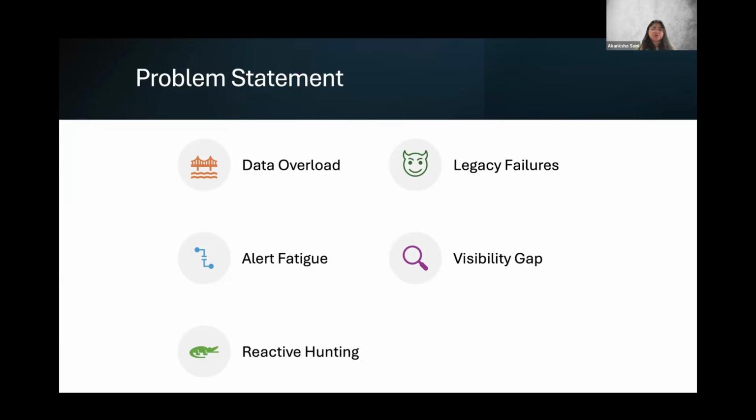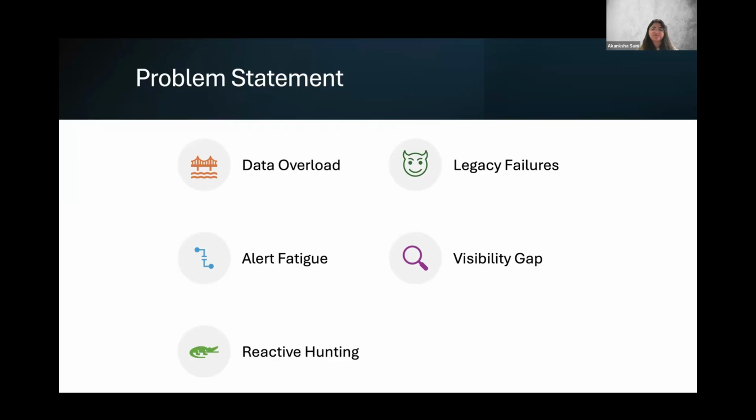They catch known threats but are blind to new subtle zero-day attacks. Third is alert failure. Security operations centers are overwhelmed and analysts are buried under mountains of false positives, leading to burnout and missed alerts. Finally, we have visibility gap.